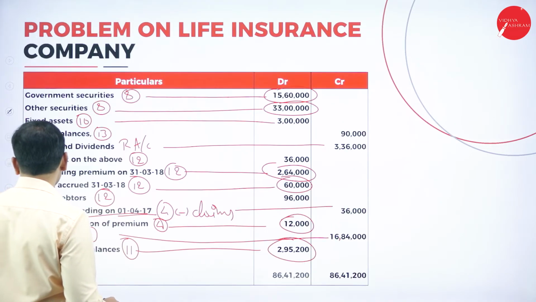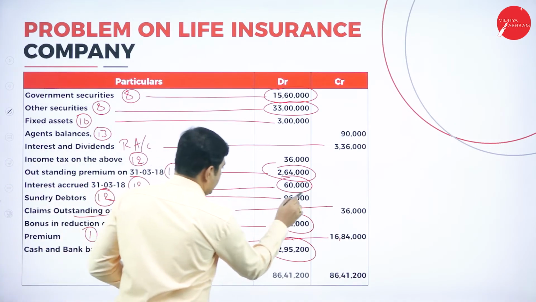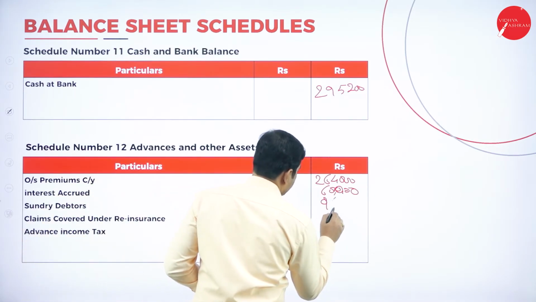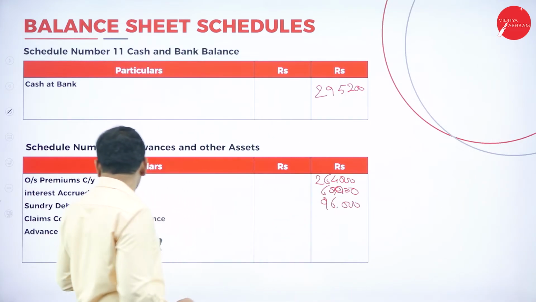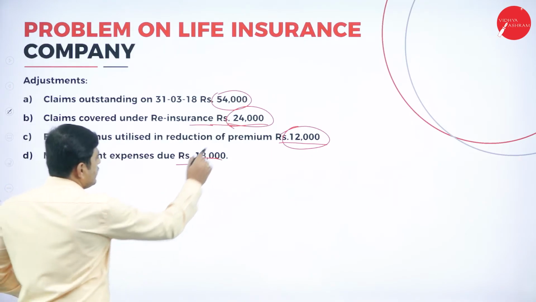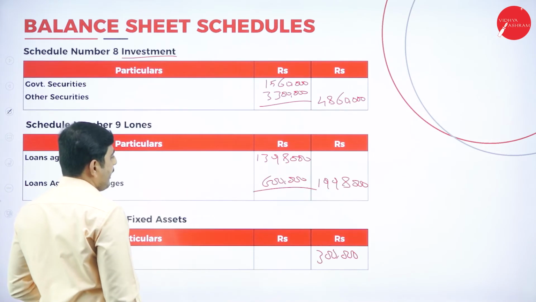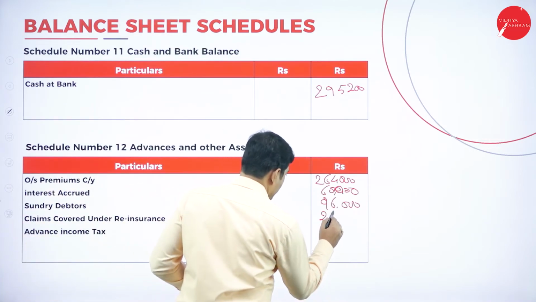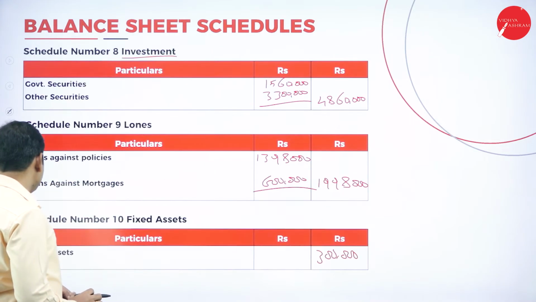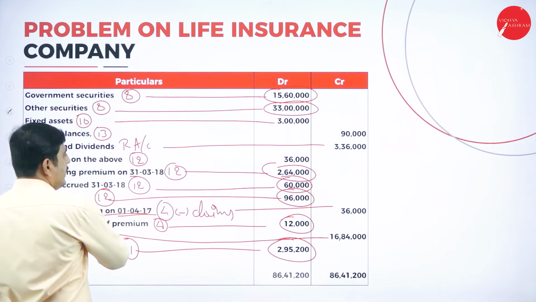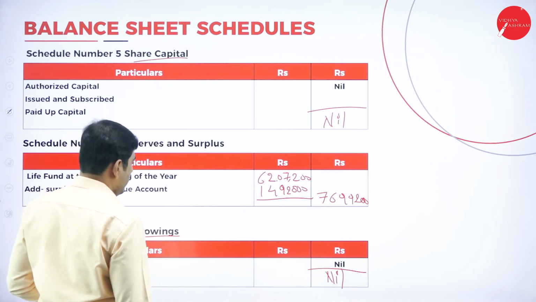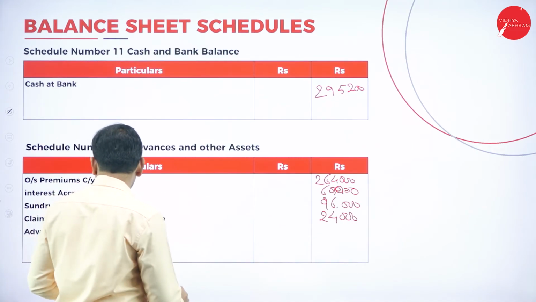What is the total amount of sundry debtors? They have given sundry debtors as 96,000. Next item is claims covered under reinsurance, given in the adjustment. It is 24,000. Next item is advance income tax, which is 36,000.